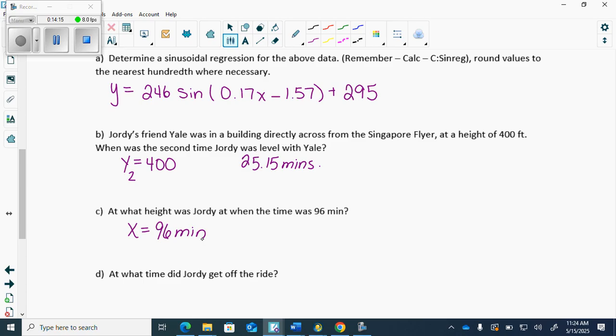First off, go to your Y equals and take out the 400, or it'll try to find it on that one. So go to your Y2 and take out the 400. And then go second trace value, 96. And I get 498.81.